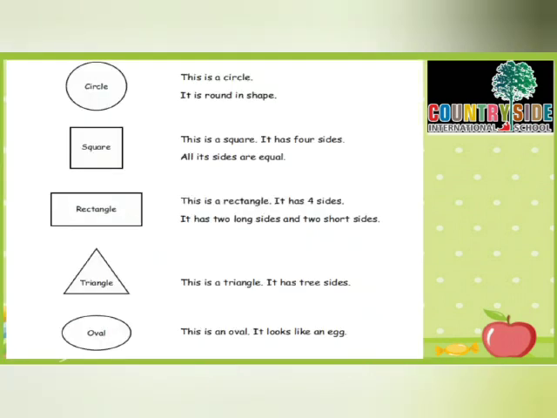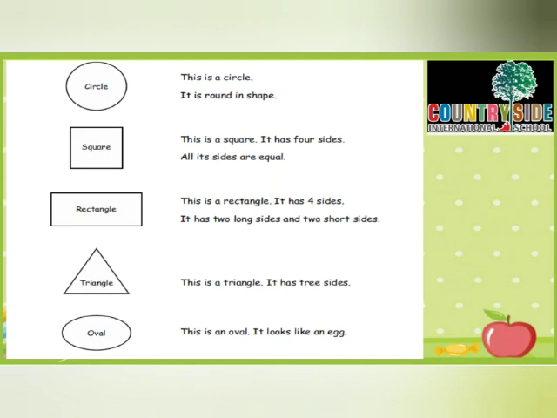Now next is shapes. What is the first shape given? It is circle. This is a circle. It is round in shape. How is the shape of a circle? It is round. It has no corners and no sides, correct?